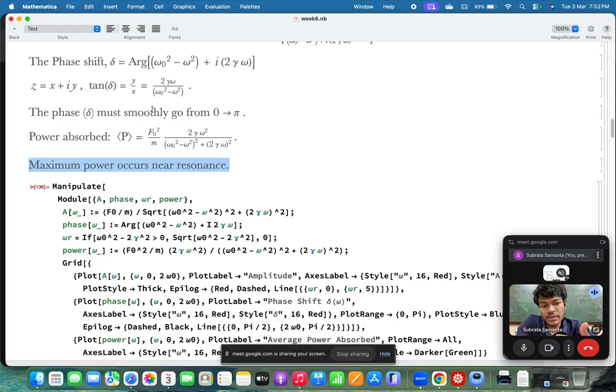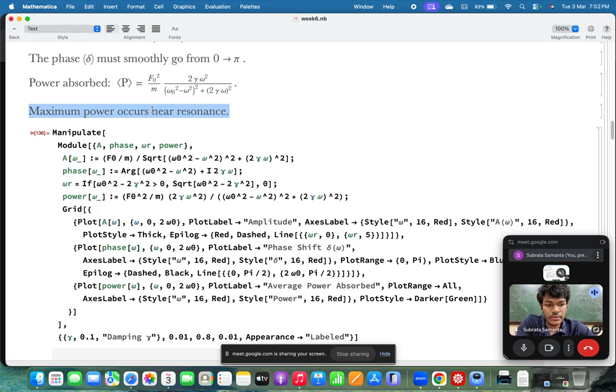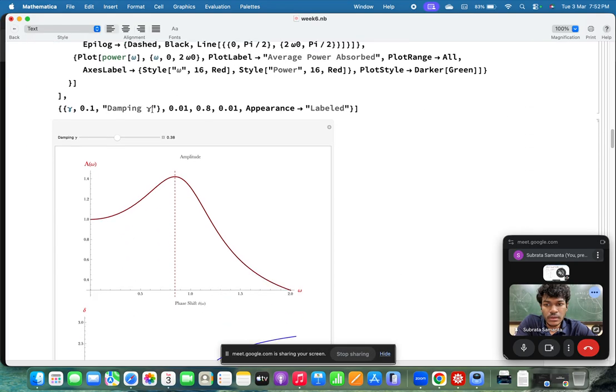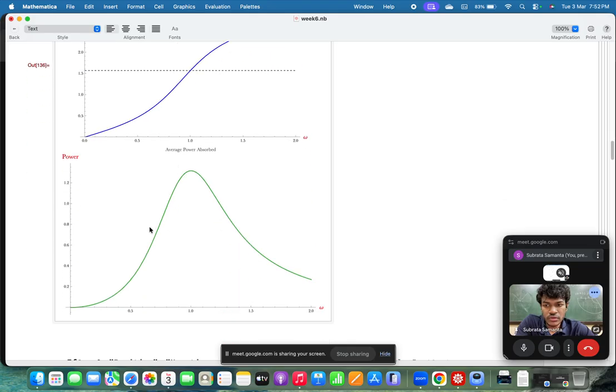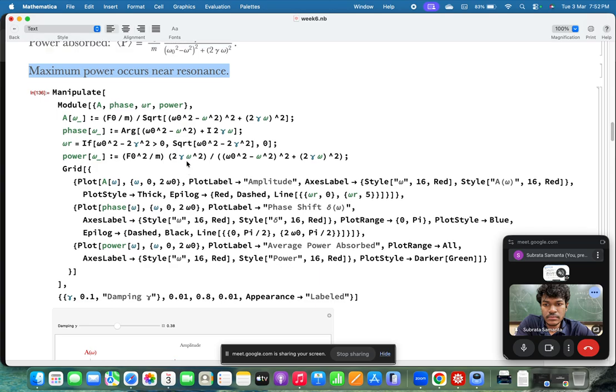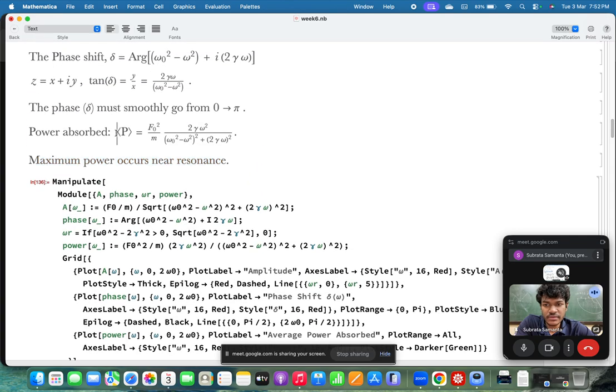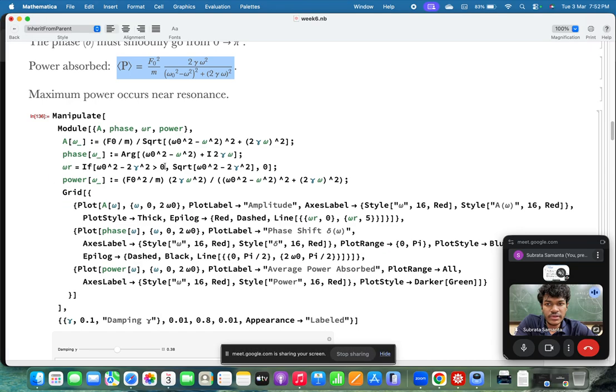If you increase the damping, this does not occur. So you have already seen that. Plot this, and you can check these expressions. I think this expression is correct, but you can also check and try it yourselves.